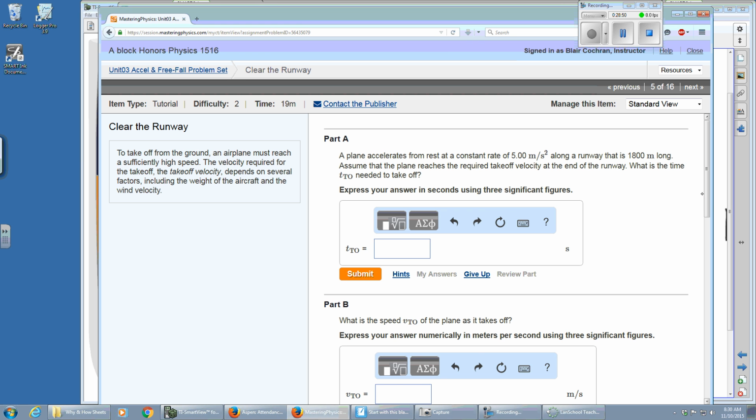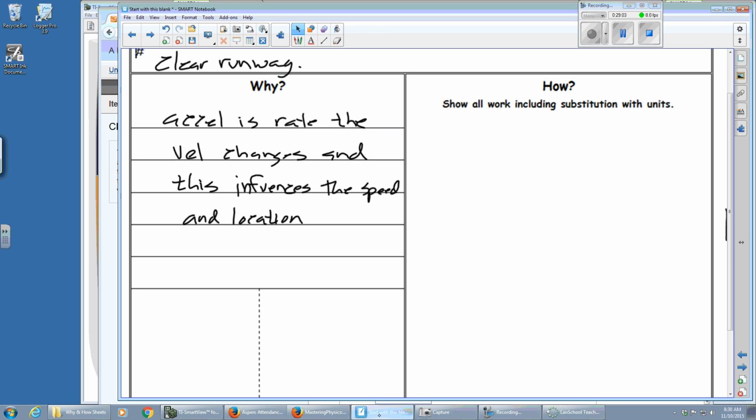All right, so constant rate, 1,800 meters long. Assume the plane reached takeoff velocity, what is the time needed to take off? All right, so I'm going to start off with A. We're going to use d = d0 + v_initial Δt + 1/2 a Δt².